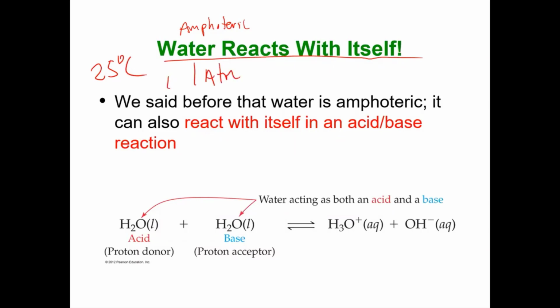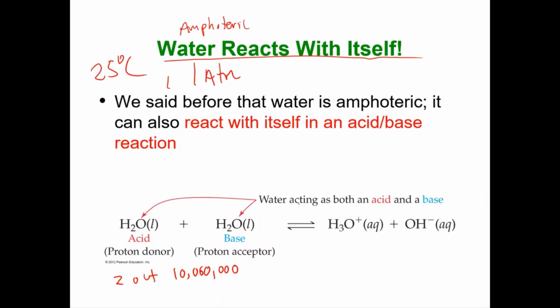So what I'm really writing out are basically standard conditions, just like standard temperature and pressure, okay? These are standard conditions. At 25 degrees Celsius and 1 atmosphere, about 2 out of 10 million water molecules react.